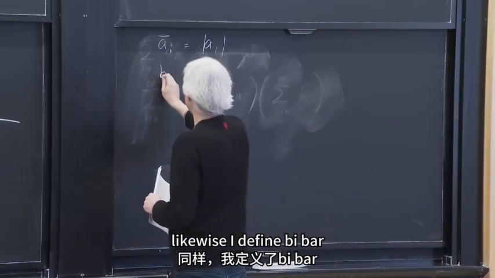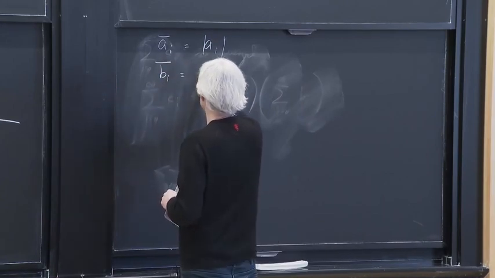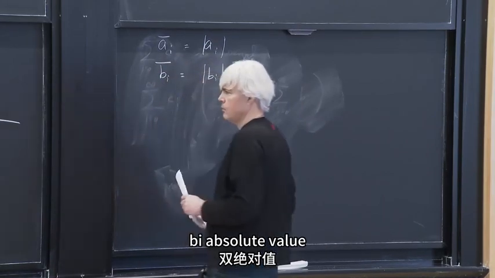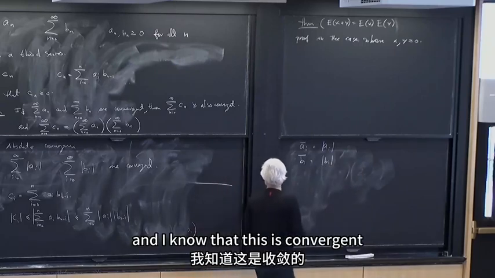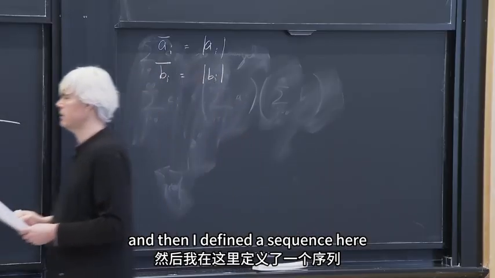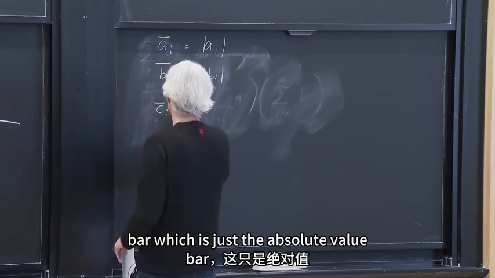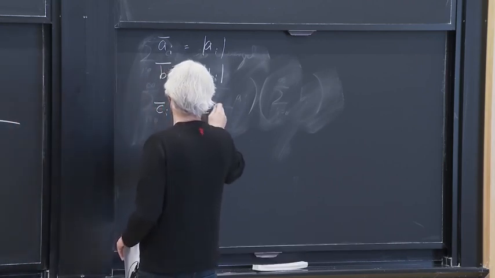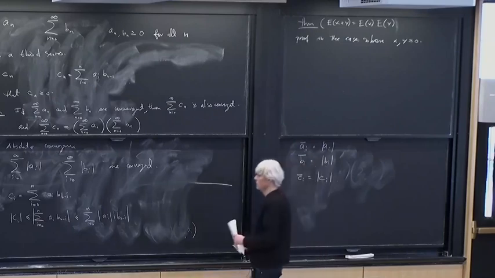Likewise, I define bi bar to be the absolute value of bi, and I know that this is convergent. And then I define a sequence ci bar, which is just the absolute value of the ci's.